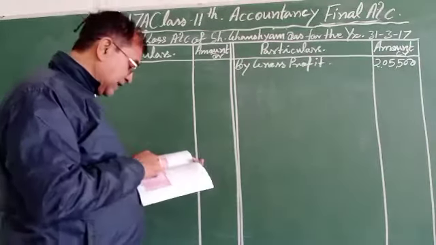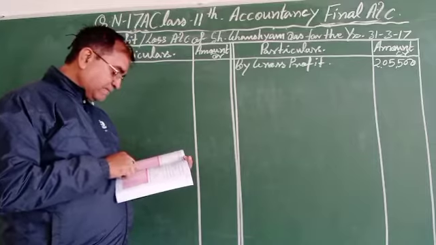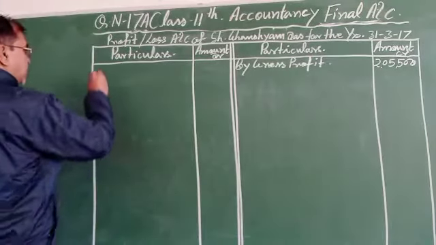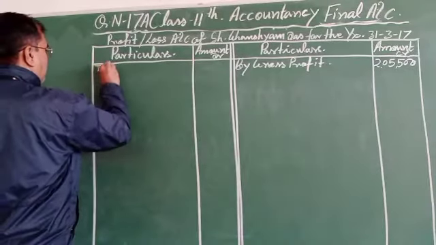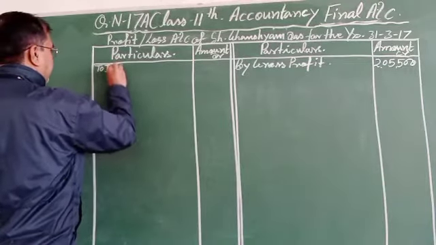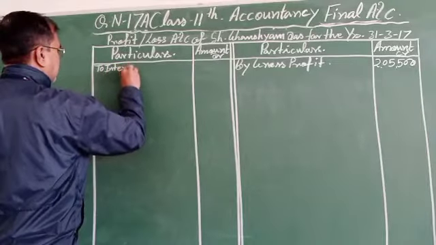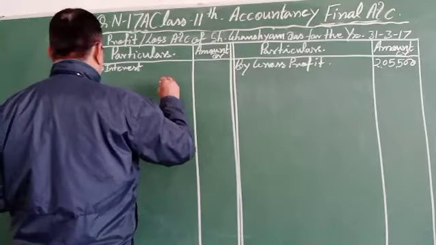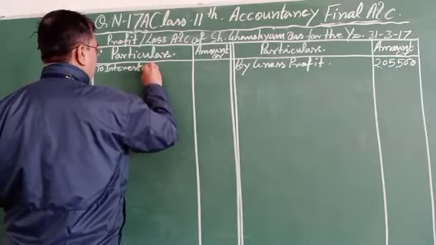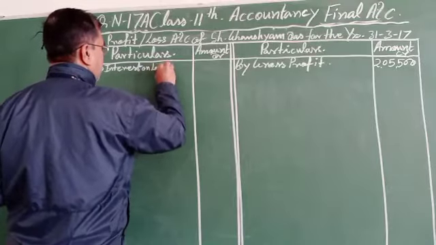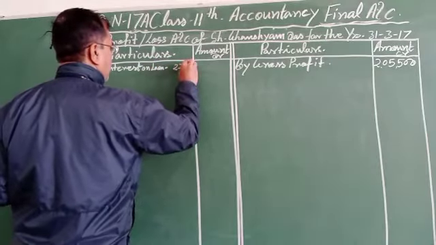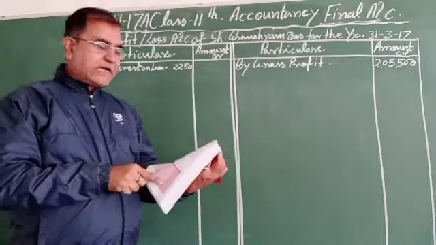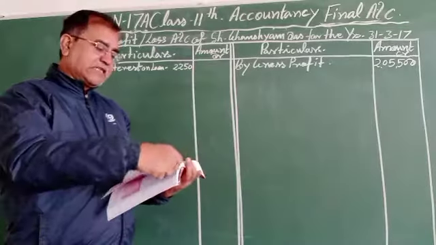So expenses, capital account, debtors and creditors, loan on mortgage, interest on loan, whatever the loan taken by the enterprise, the interest is paid, interest on loan 2,250. The additional information given in the adjustment, we have to adjust that one.